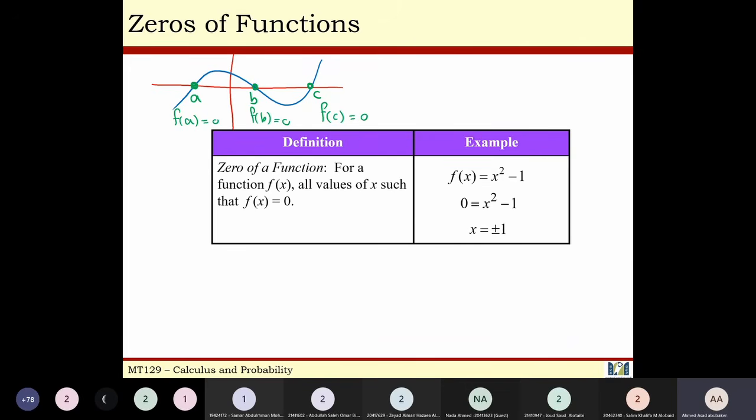Okay, this is the zero of a function. It means at A and B and C the value of the function is 0.